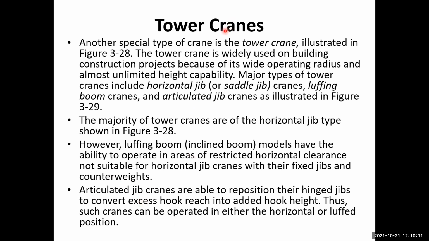So another family of the cranes are the tower cranes. Okay. So the tower cranes are those cranes which rest on the top of the building. So another special type of crane is the tower crane, which is illustrated in figure 3-28.